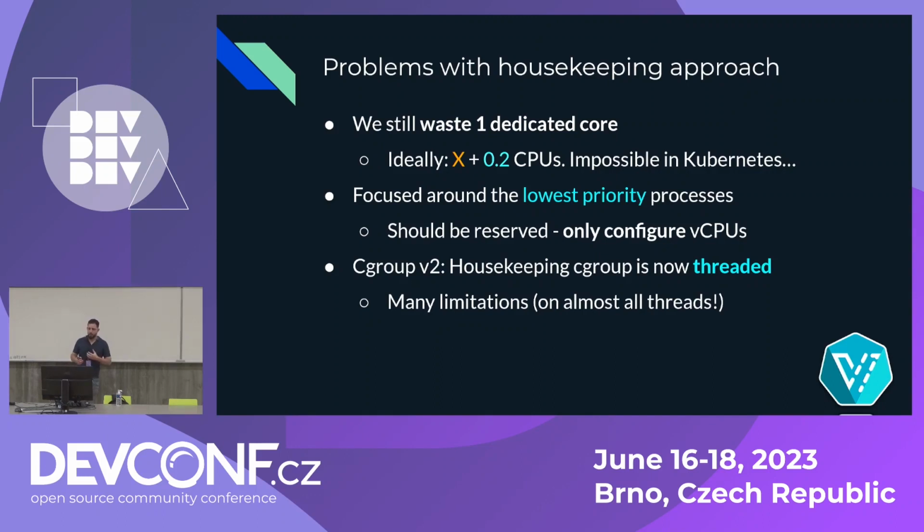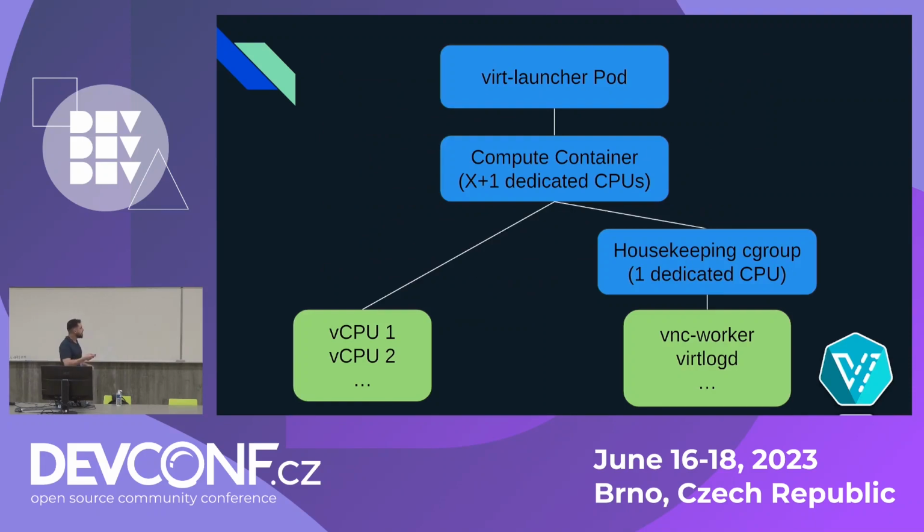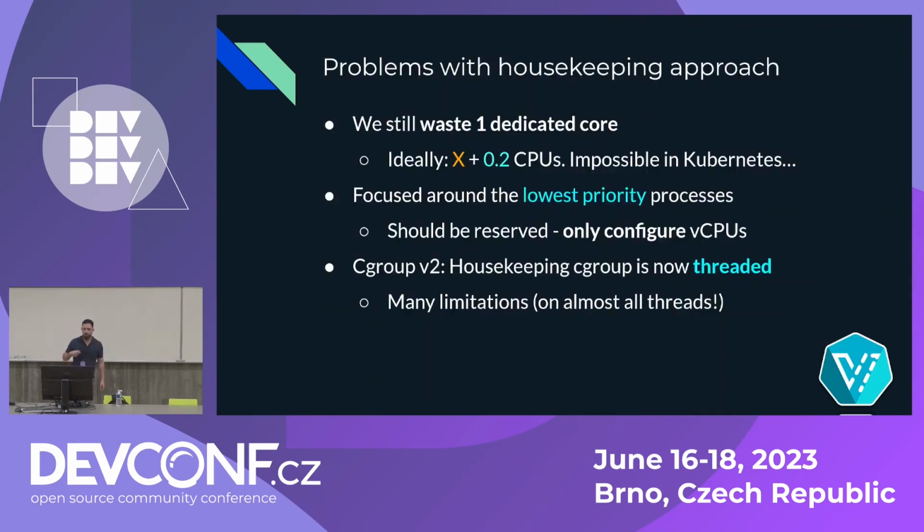And another problem is that this Cgroup runs threads, so this is a threaded Cgroup. And as I said before, threaded Cgroups are exposed to many limitations. And basically now, we can't use many subsystems on almost all of our threads, all of the threads except for the vCPU threads. So that's another problem.